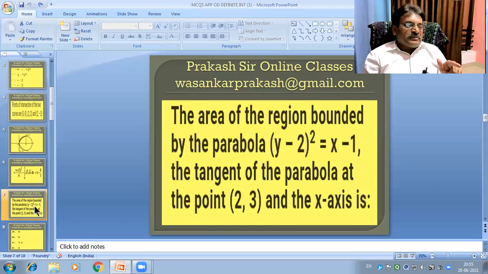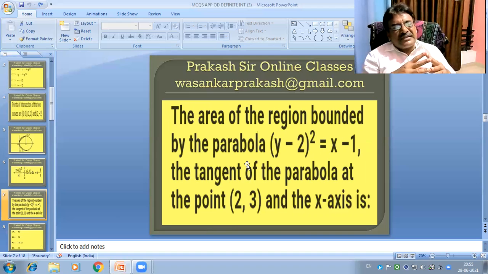So here we find the area of the region bounded by the parabola (y - 2)^2 = x - 1, and this is the equation of the parabola with vertex at (1, 2). Remember this.